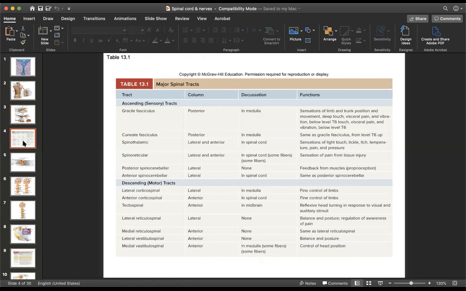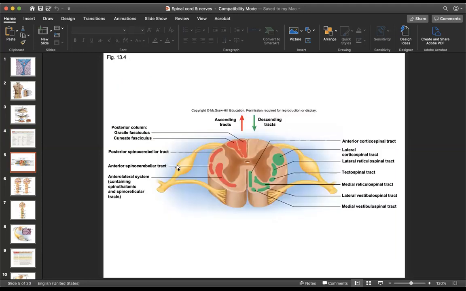Now, I will not make you know these tracts, okay? You can look through them, but basically, I wanted you to know this just to appreciate the fact that in the white matter, the white columns surrounding that gray matter butterfly, certain information is carried in certain areas.